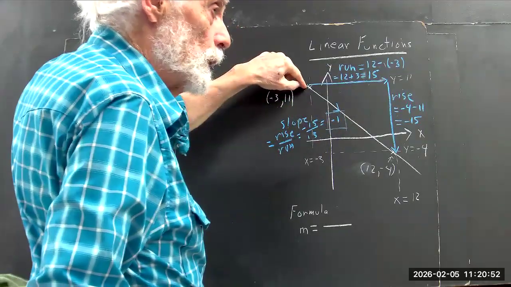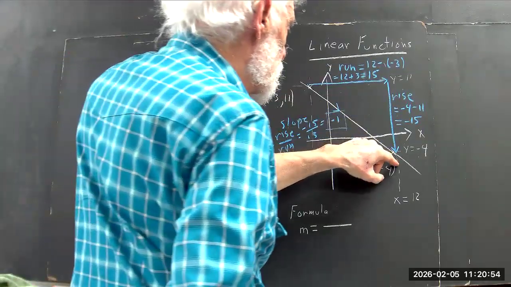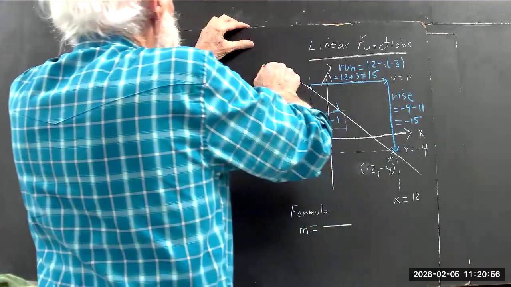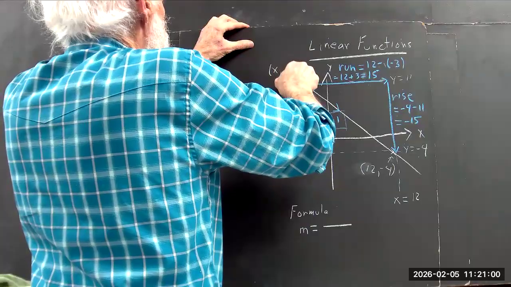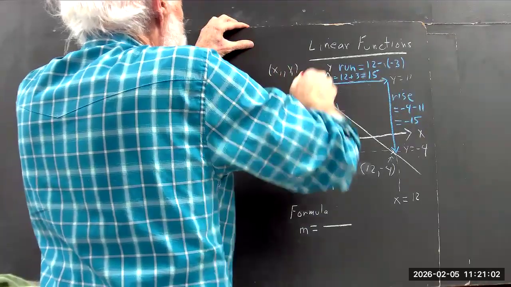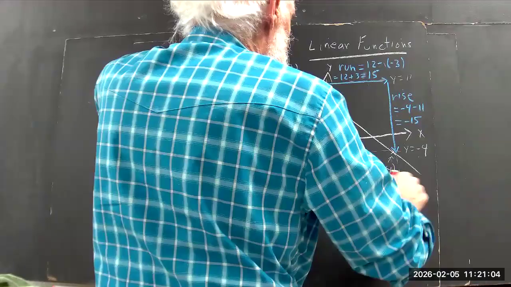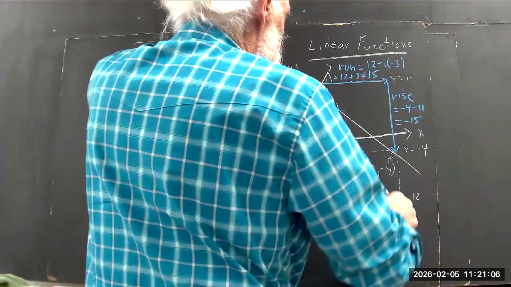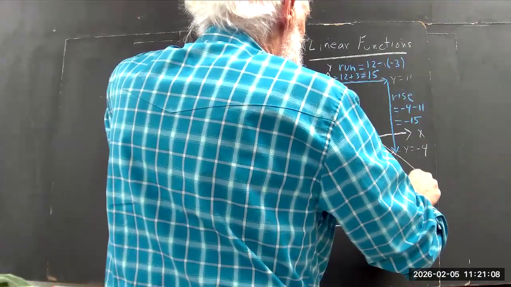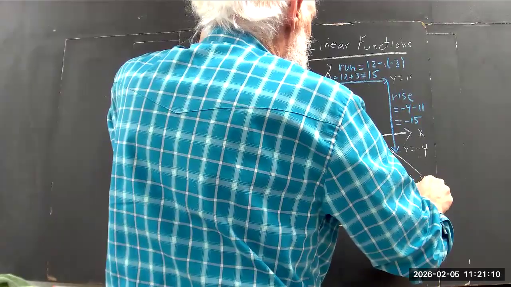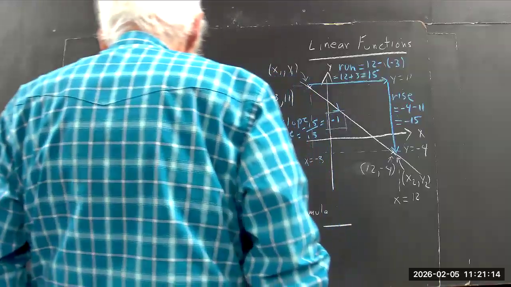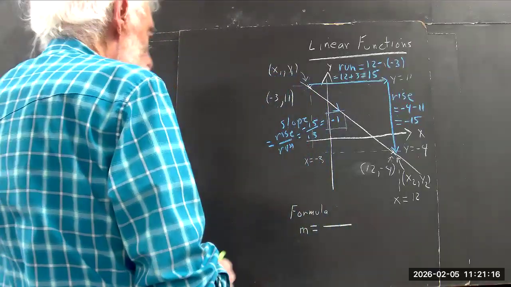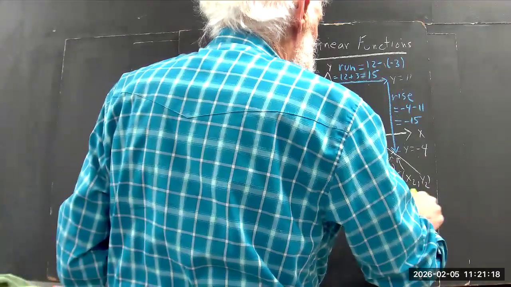if this point is x1, y1, and this point is x2, y2, so let's just generalize this. This is x1, y1, and now we'll represent this point as x2, y2. And I'll kind of circle those with a bright color.